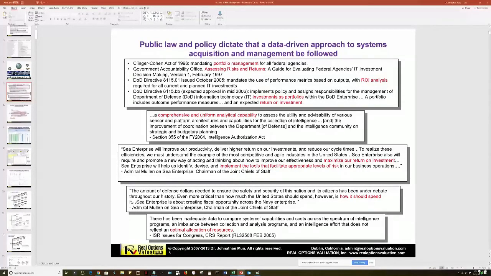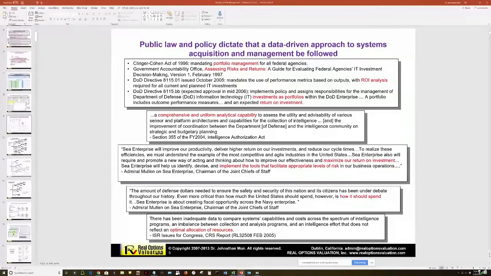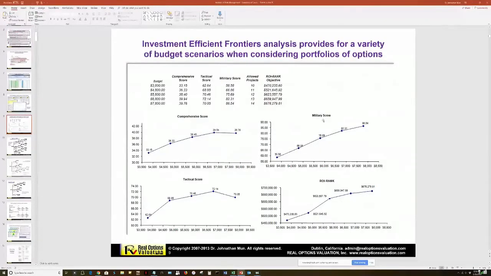Similarly, we apply portfolio optimization, and we are able to do things like military score, return on investment, and tactical score. The military individuals, the commanders, the boots on the ground, will be able to score every one of these technologies by a ranking score, and we run that optimization.